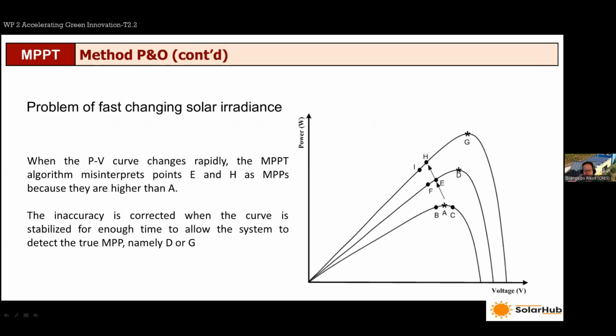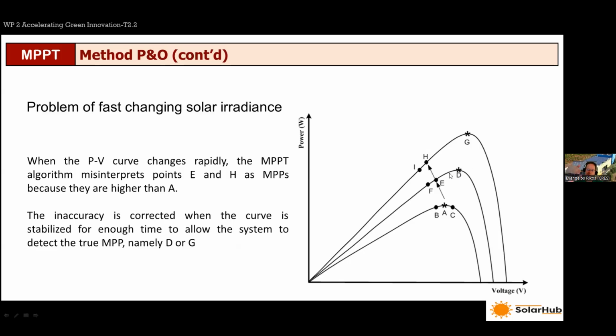This means that the algorithm would try to implement a negative voltage step in order to pass point A and go to point B. But when this happens, at the same time, the irradiance increases. So instead of going from C to B, we move from C to point E. Even though point E gives a higher power than the previous value, it's farther away from the actual maximum power point, which is point D in the diagram.